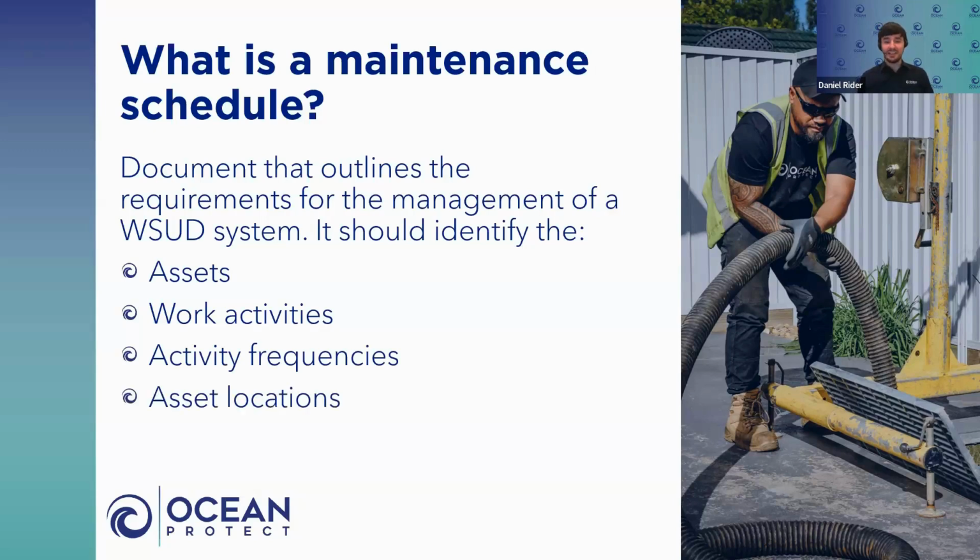I'd also say identifying where those locations for the assets are is really important. It's great to say you have 5 Ocean Guards or 5 bioretention on your property, but if you don't actually specify where those assets are, it makes it harder for the asset owner to actually know where these assets are, making sure that the maintenance contractor can have appropriate access to do that maintenance.